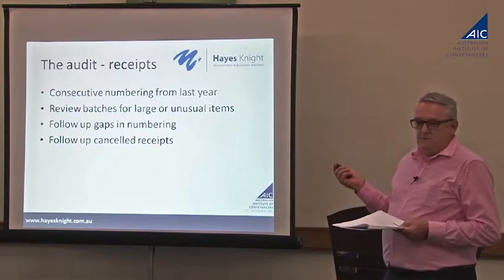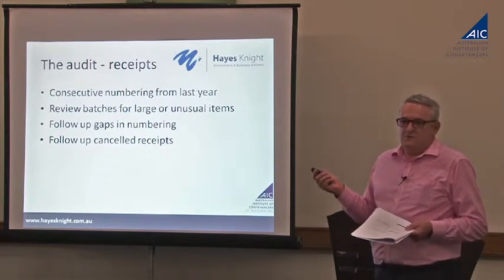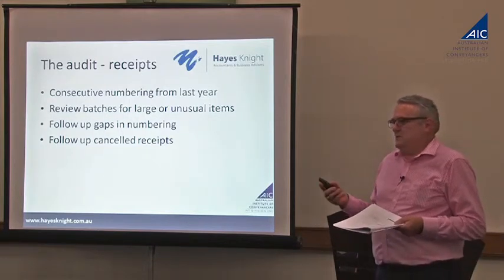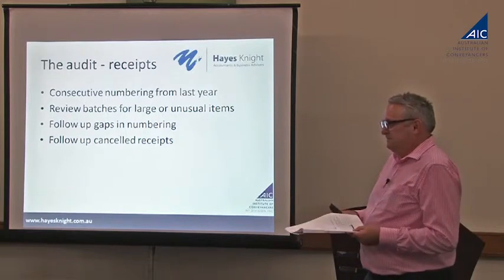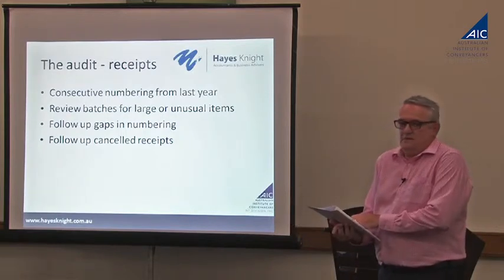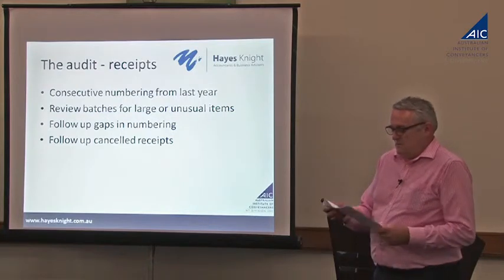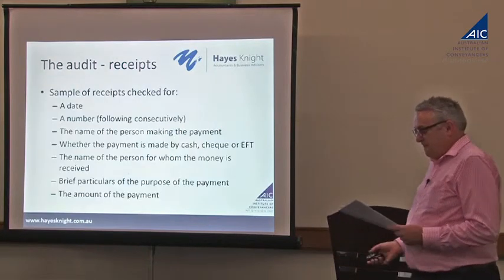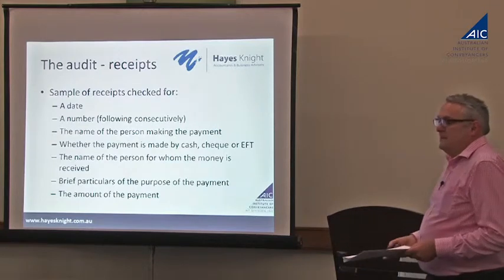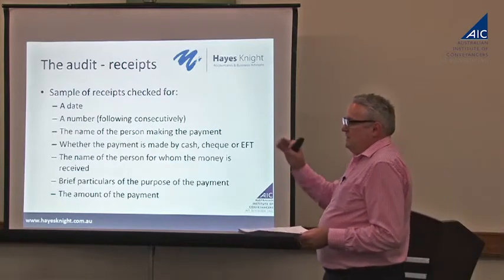And follow up cancelled receipts. Because just because the duplicate's cancelled doesn't mean the original was cancelled. So if a cancelled receipt's there, the original of the receipt should also be there. It becomes a bit tricky when we're doing electronic. So we look at the number sequence.